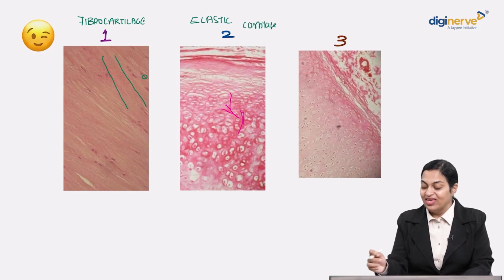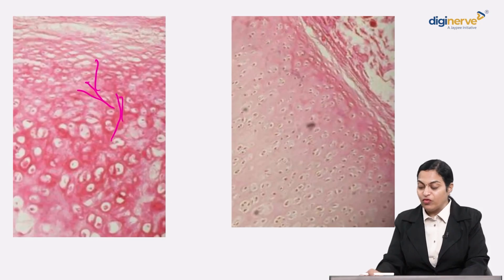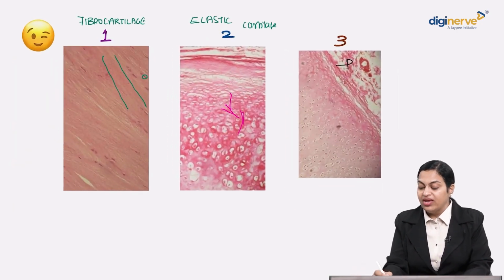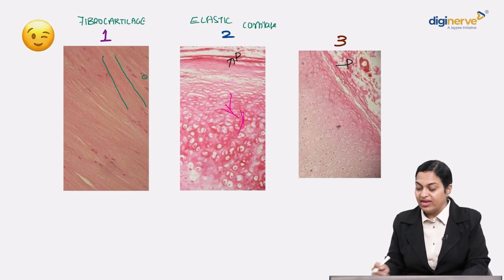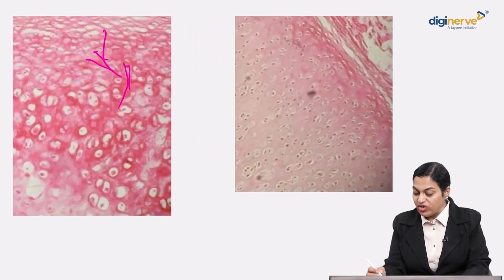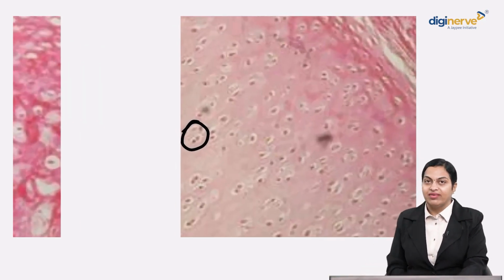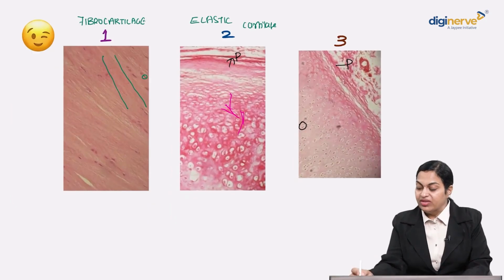And 3, yes, it's not very basophilic. Still, you can appreciate the presence of perichondrium in elastic cartilage and hyaline cartilage. Here, the isogenous cell nest you can make out, and a homogeneous matrix, isn't it? This is going to be hyaline cartilage.